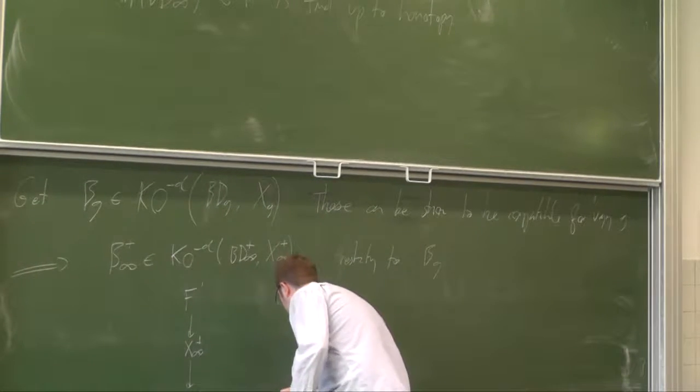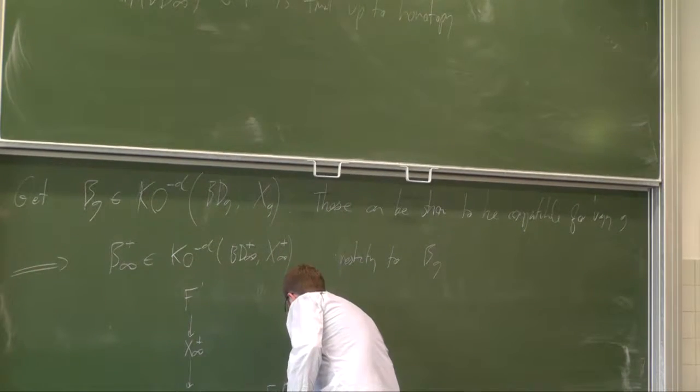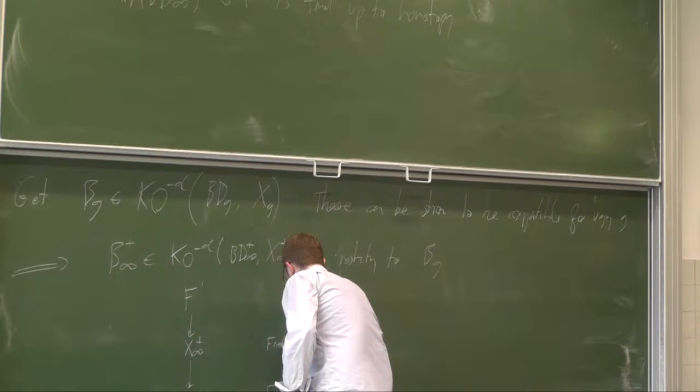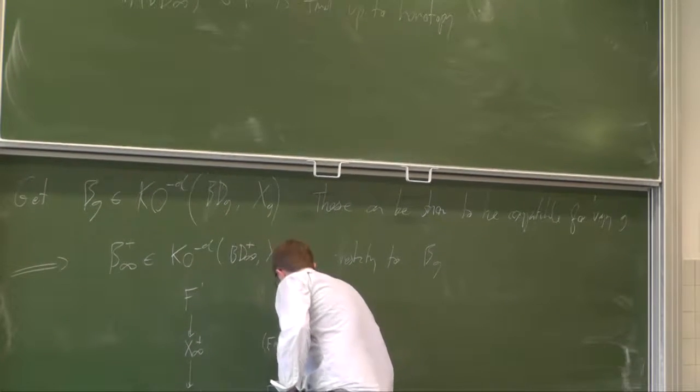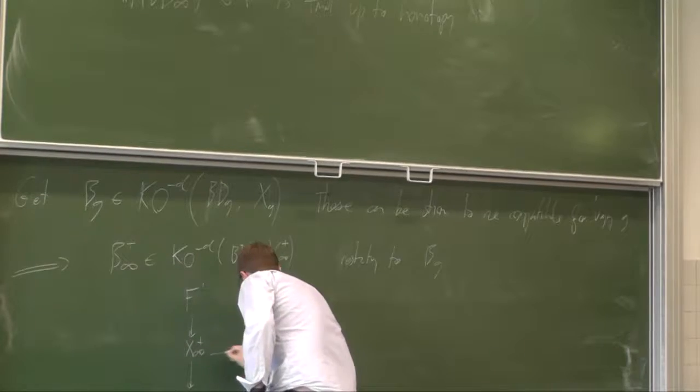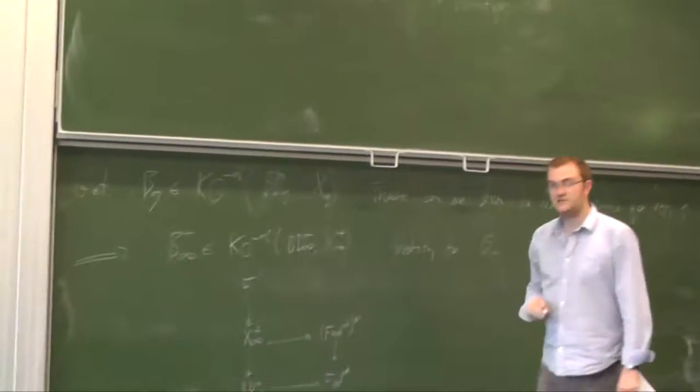So what does that mean? It means I've got a map, basically, let me write it this way, like that, which commutes.